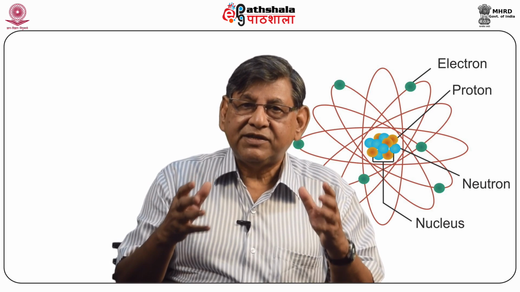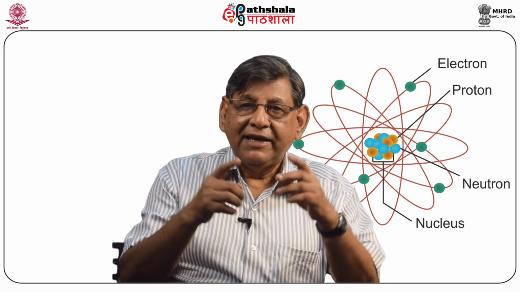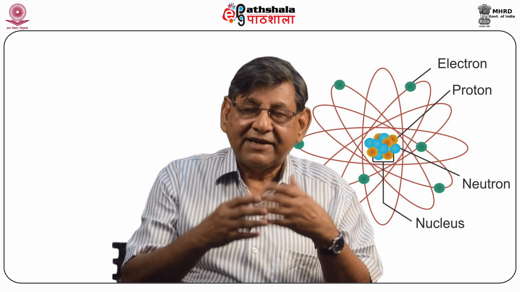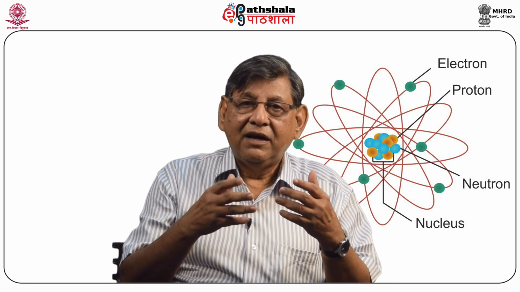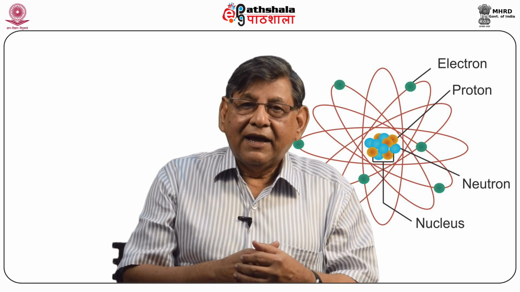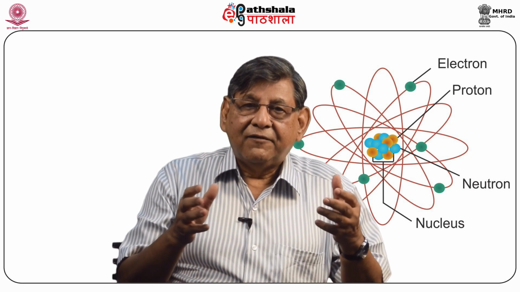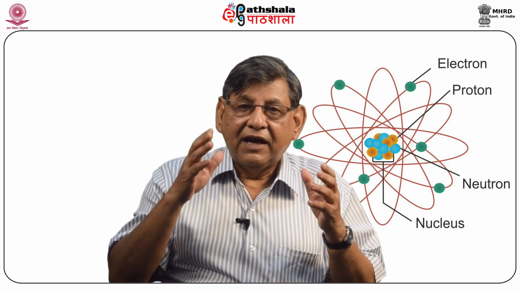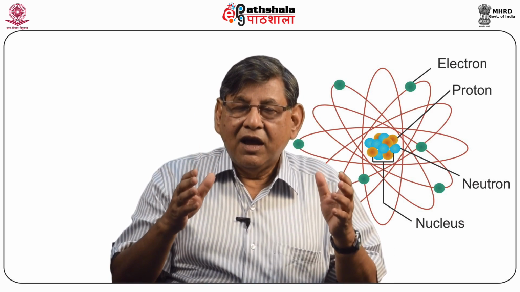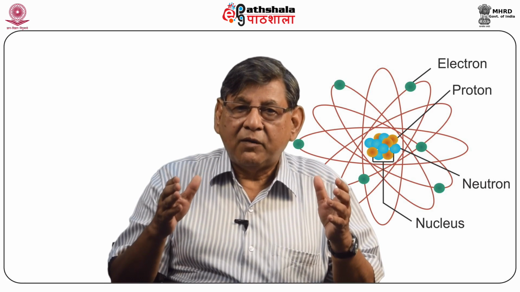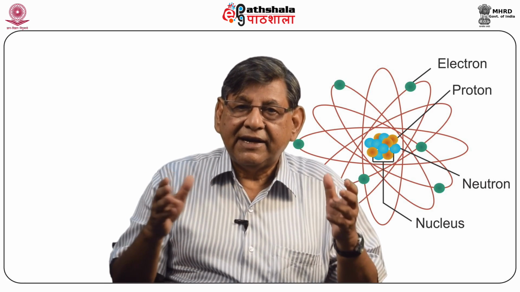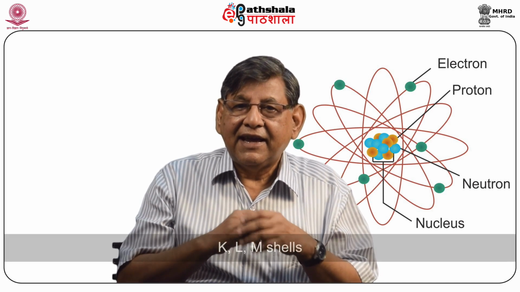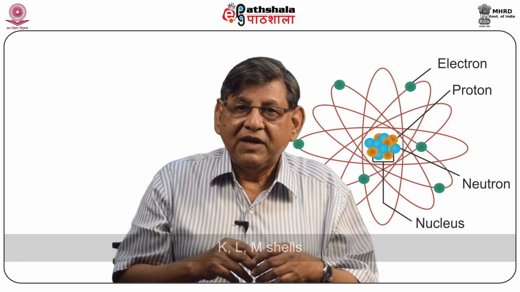According to Bohr's theory, electrons can only move in circles, but in real practice you can have elliptical orbits as well. For this, we have to explain how these circular and elliptical orbits are arranged in different types of shells like K, L, M shells and so on.